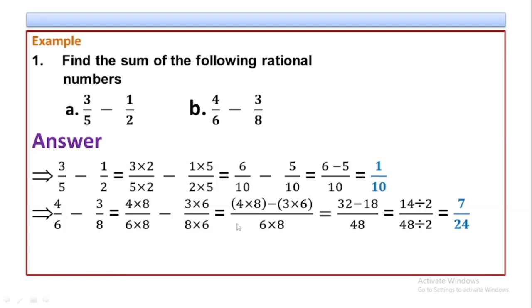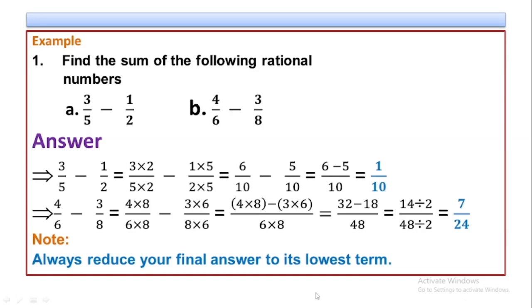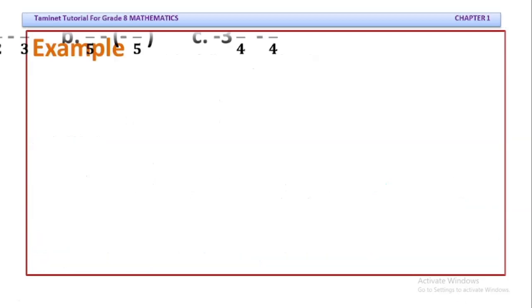By using the third method, it is too easy to determine the difference of two given fractions having different denominators. Note: don't forget, always reduce your answer to its lowest term.